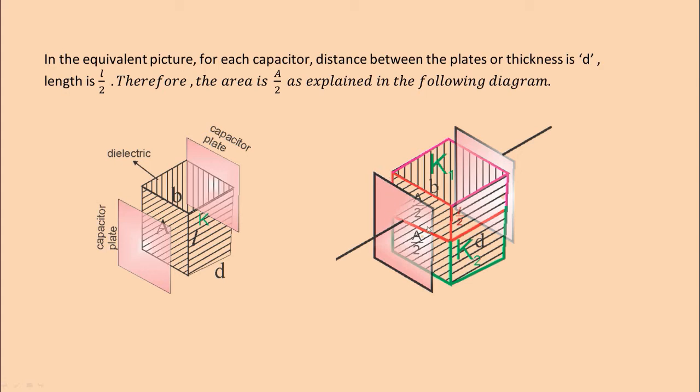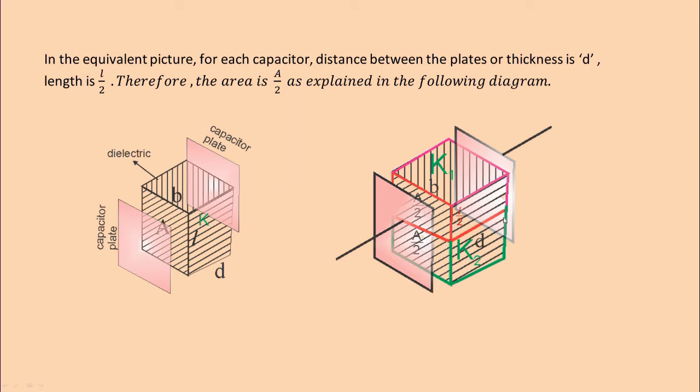Area means area of this kind of rectangular portion. Two rectangular portions are there. So they will have A by 2, A by 2. Here it is A because L into B is A. Area of this side of the dielectric, LB, which is A. Area of this side for the second capacitor, B into L by 2, which is A by 2. Similarly, this is also A by 2.